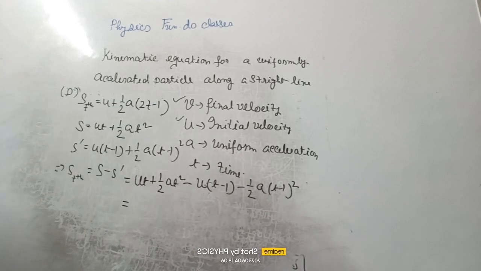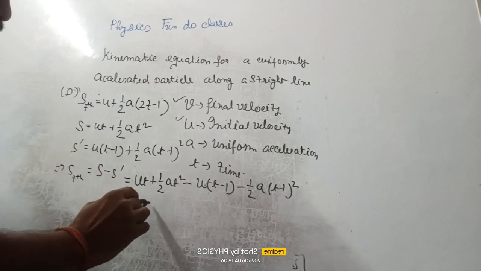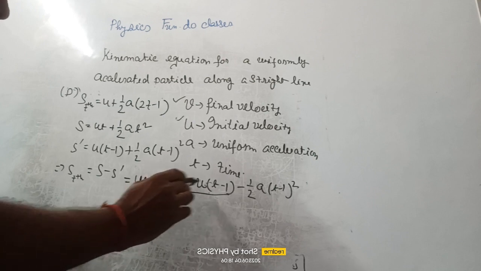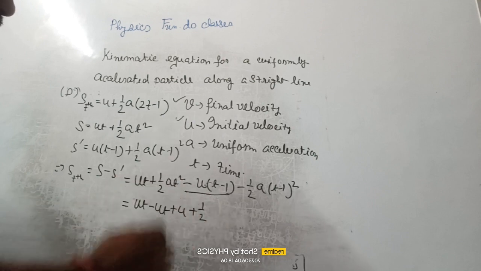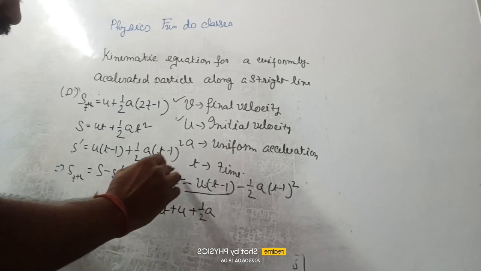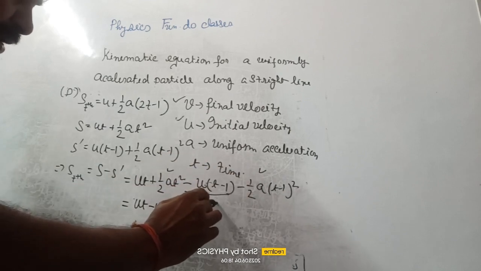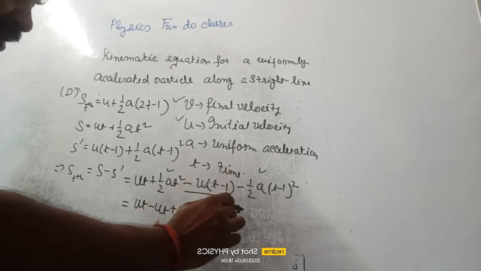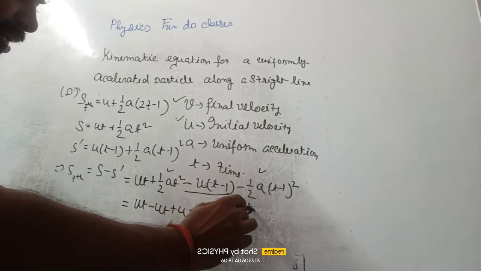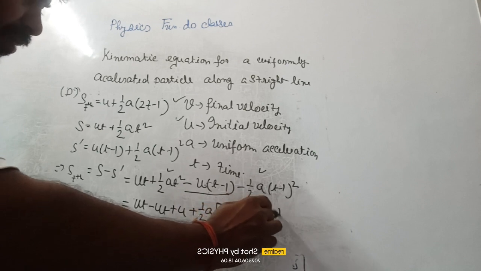Now taking ut together, minus ut, and taking u plus half a common, within the bracket we have t square minus t minus 1 whole square, means t square plus 2t minus 1.